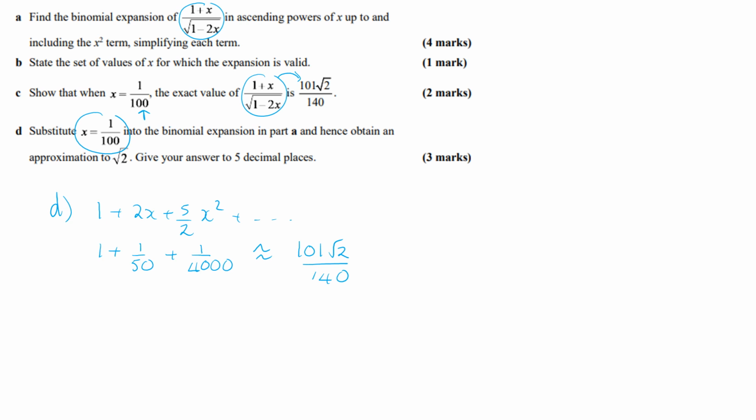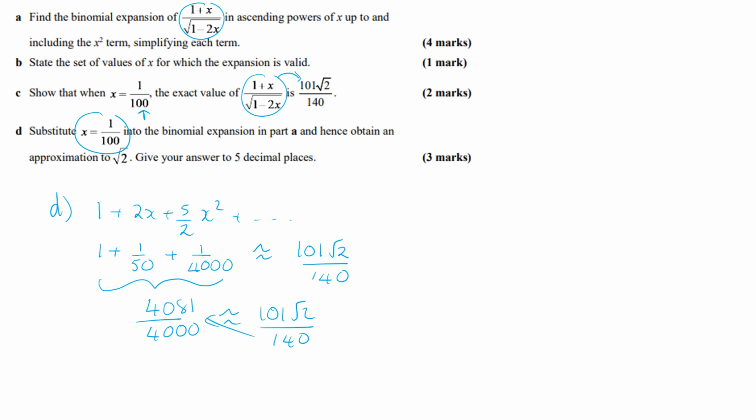Now all we need to do is find out what these three terms add up to, and then just cross multiply. So if you put all that in your calculator or get common denominators and add them up, you'll get 4081 over 4000. It's approximately equal to the 101 root 2 over 140.